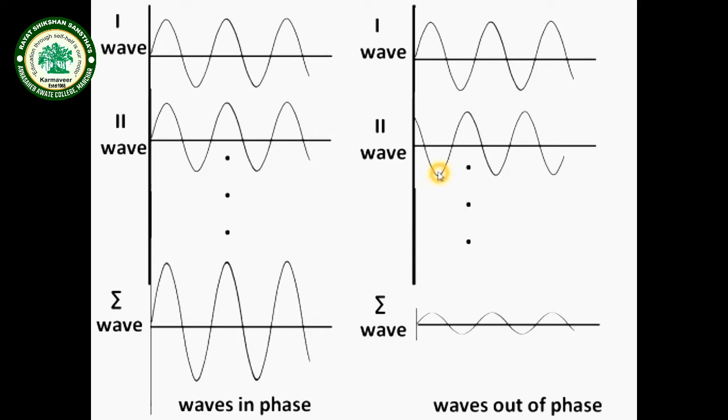As a result, due to their superposition, we get a very small resultant wave, with small amplitude compared to the individual ones. This is the case in which we say that waves are meeting out of phase. These two discussions we are going to use for the further discussion of the diffraction of X-rays.